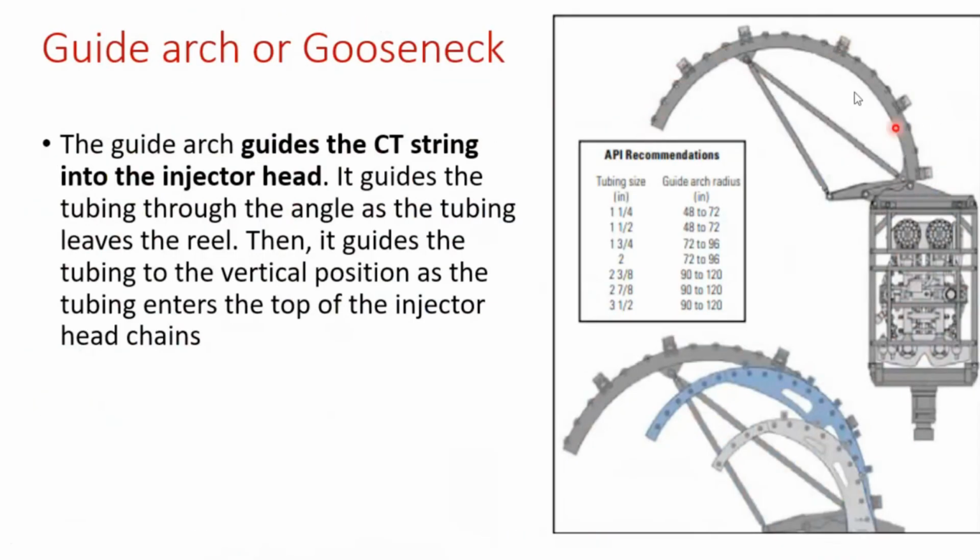We will talk briefly about the gooseneck. The gooseneck has some rollers here. These rollers take my coil tubing pipe to allow a smooth entry of the pipe.